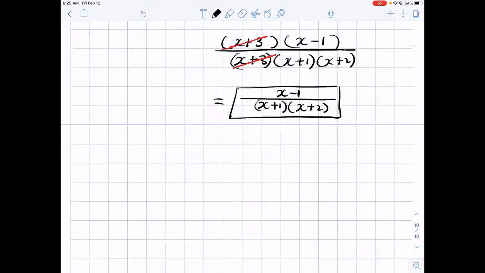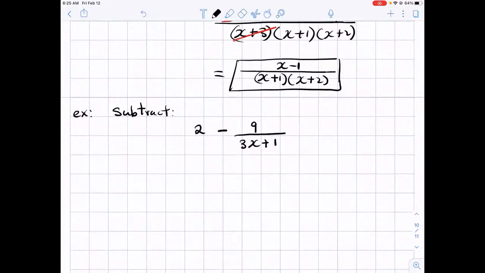So my last example, how about if I say subtract 2 minus 9 over 3x plus 1. Now, if you look at this, it kind of looks different from what we're doing.